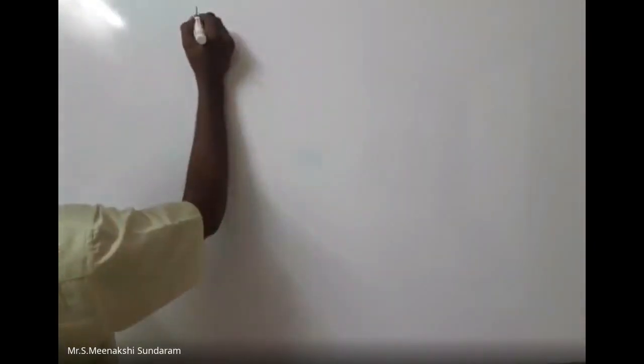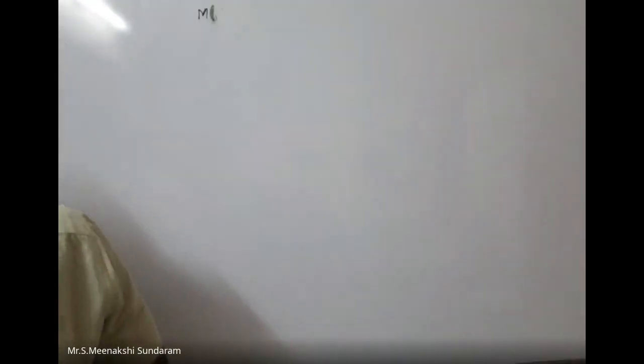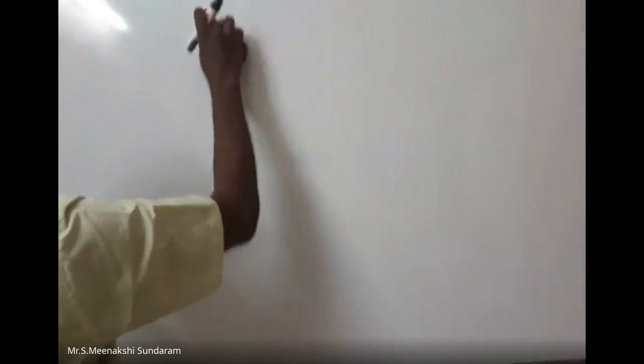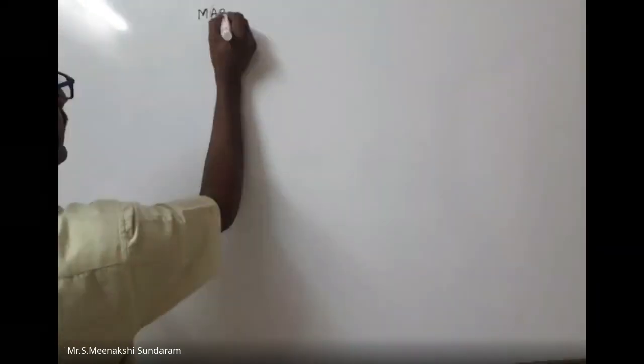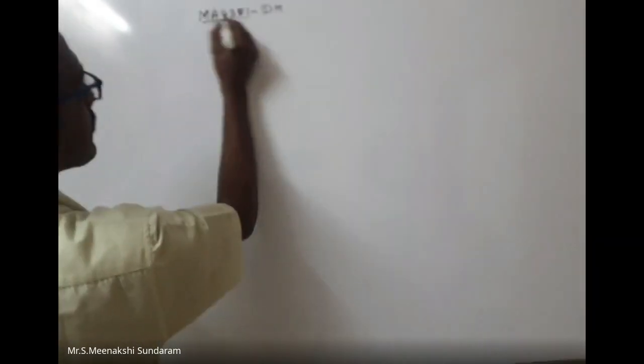All of you able to see the board? Yes, sir. Please take the board, ma, and other things. MA 8351 DM, Discrete Mathematics. Okay, so we move on to the first problem.